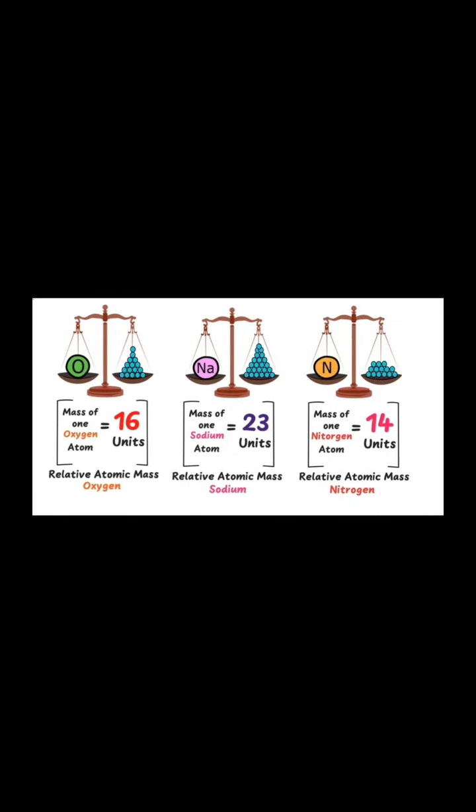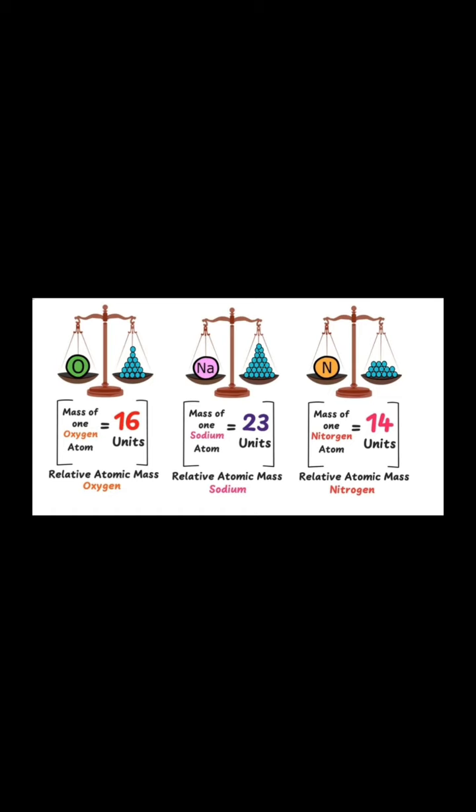We know that the mass of a single oxygen atom is equal to 16 units of carbon. We call this the relative atomic mass of oxygen because it is compared with carbon units.